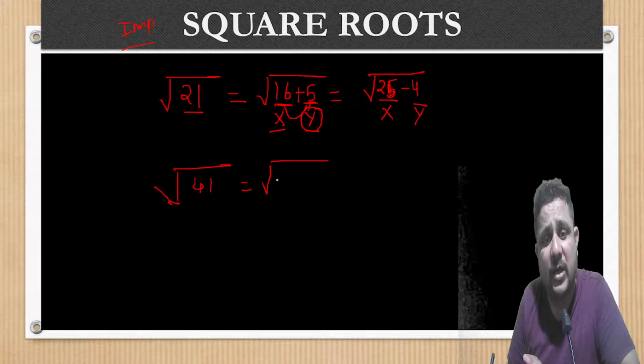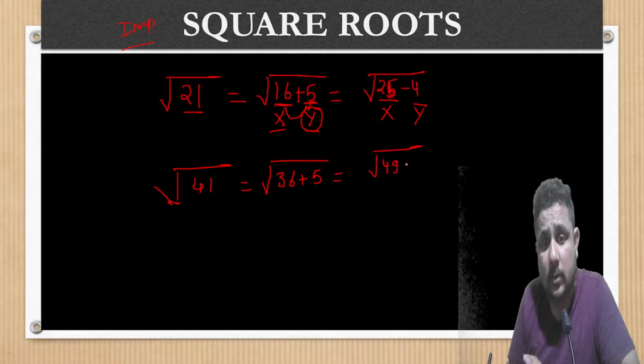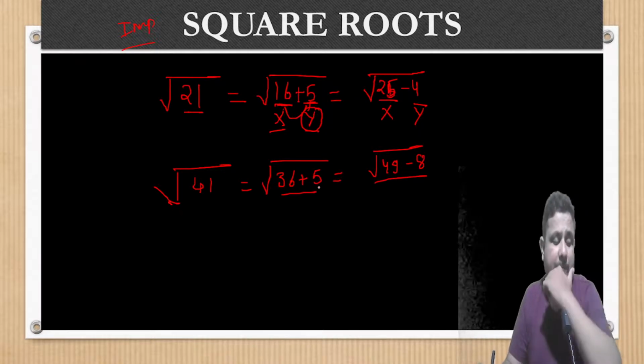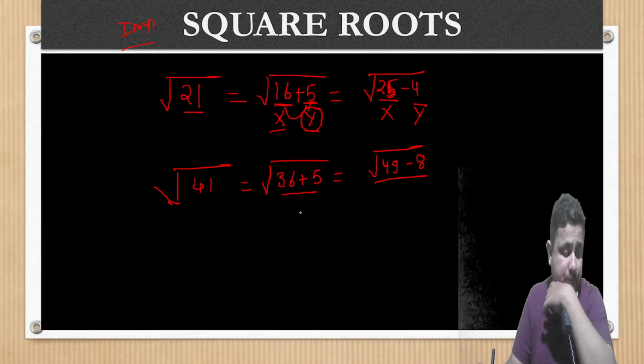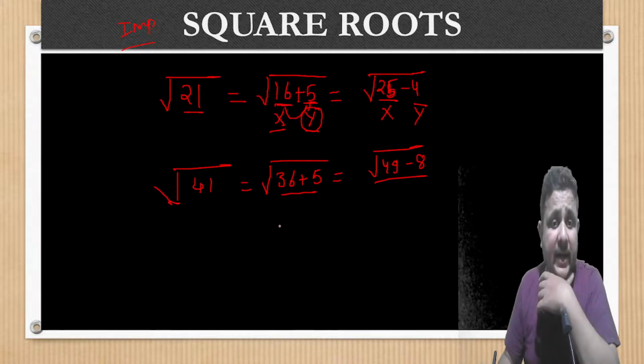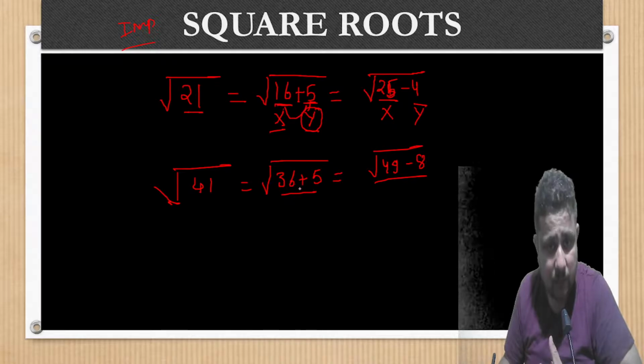Can I write 41 as 36 plus 5 or 49 minus 8? Tell me fast. It can be written in this way even.